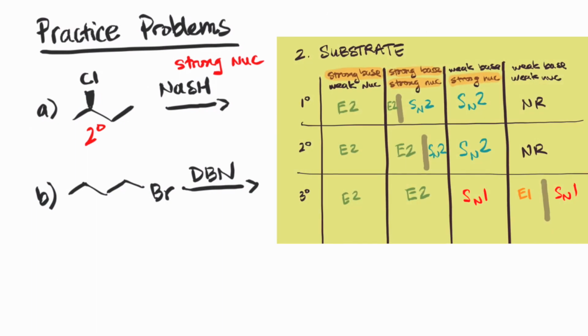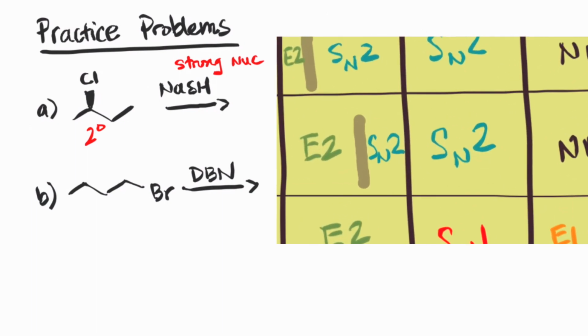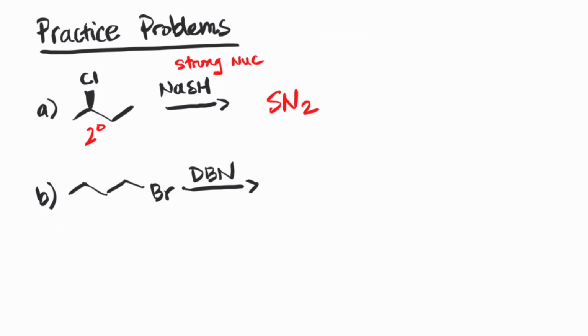All right, so if you have a strong nucleophile with a secondary alkyl halide, what is your mechanism going to be? It's going to be an SN2 mechanism. All right, so recall back what that mechanism entails. It will entail a backside attack. So our SH will be coming from behind now with a dash annotation.